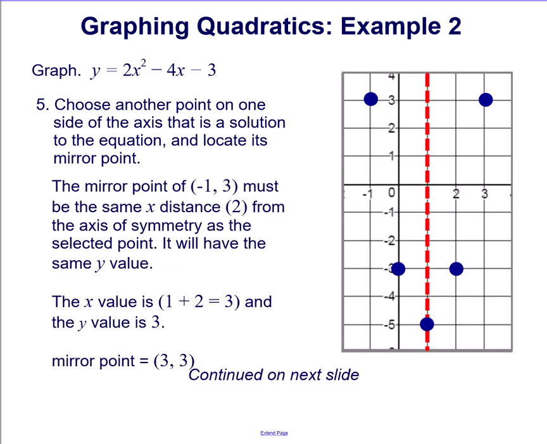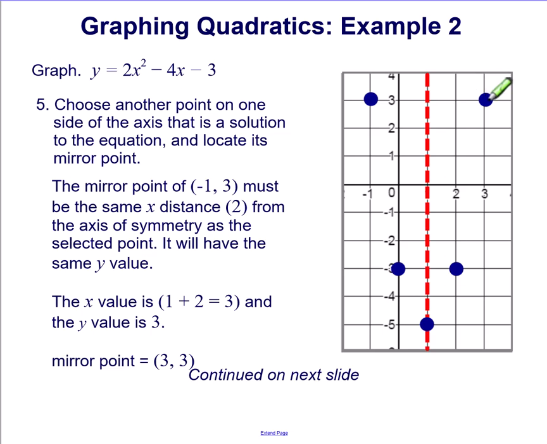Now the mirror point of (negative 1, 3) must be the same x distance, the horizontal distance, which is 2, from the axis of symmetry as the selected point. It will have the same y value. Here's the axis of symmetry, which is at 1. I go 2 to the right, so the x coordinate is going to be 3.